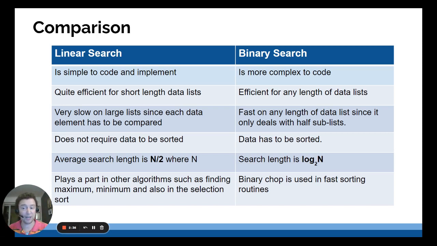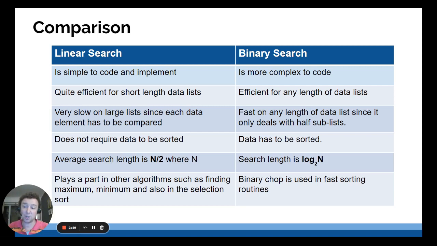Linear search, however, has the advantage that it doesn't have to be sorted. Binary search does. We've talked about the average search length already there. And another advantage of linear search is that it's part of other standard algorithms. So finding max, finding min, and also in a selection sort, which is one of your other lessons in Advanced Higher.